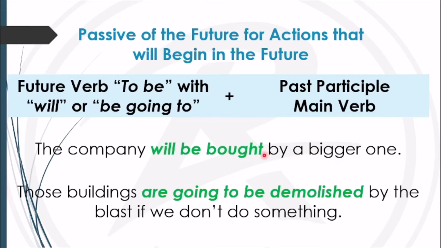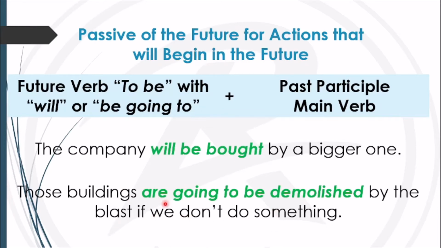Also, in these examples, we are introducing the agent using the preposition by, as we saw in the characteristics of the passive. Example number 2. Those buildings are going to be demolished by the blast if we don't do something.